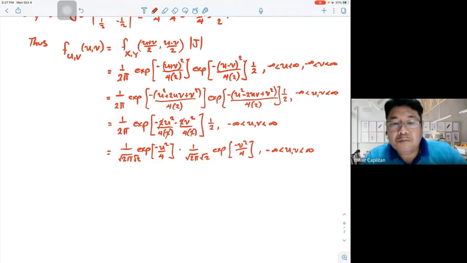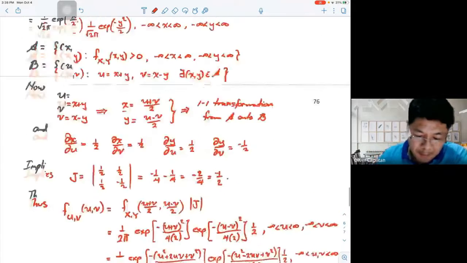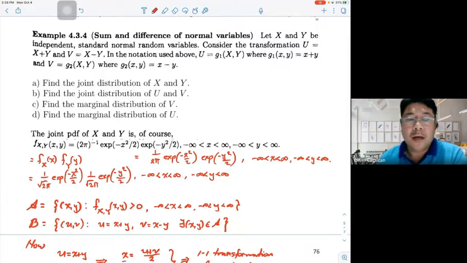Since it's a product of a function of u and a function of v, this would also imply that u and v are independent. So we're done with problem letter A, and then problem letter B. Again, this is example 4.3.4 in the book, I modified it in such a way that the requirement is clearer in this particular example.